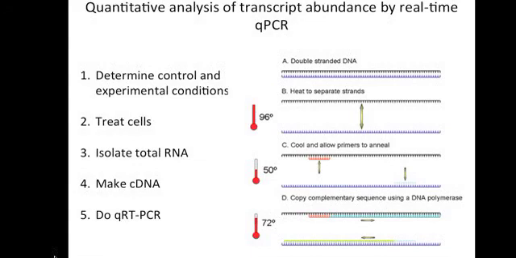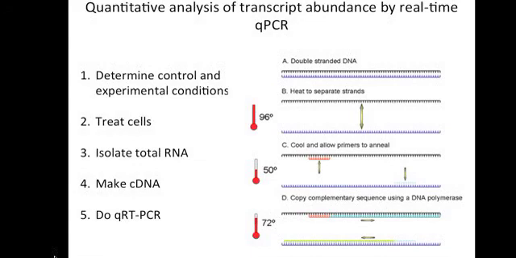So basically it's a photocopy machine for DNA, right? You've got your double-stranded DNA, and you heat it up, and you melt it apart, and you've got primers that are specific to whatever gene you want to amplify, and they bind to the region, you can see right here.